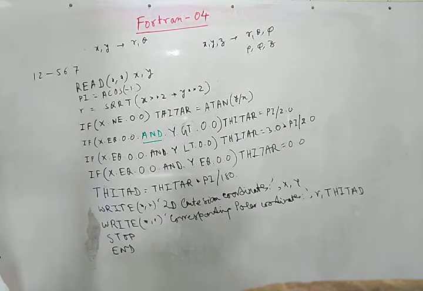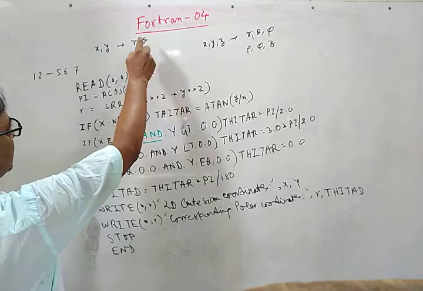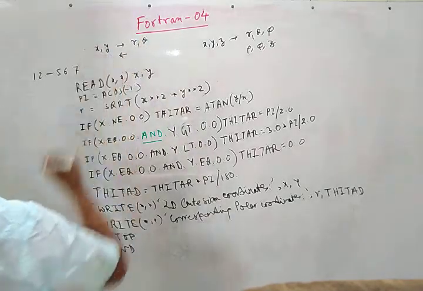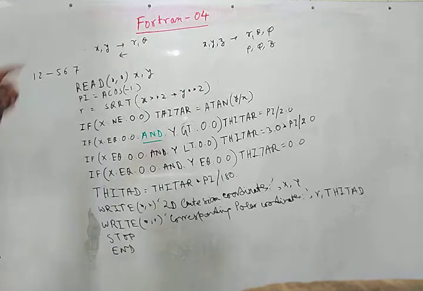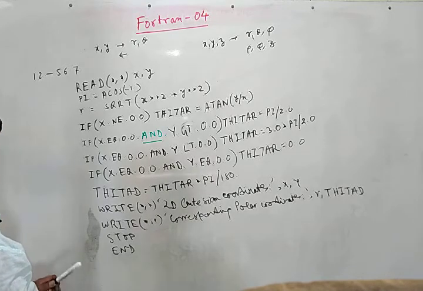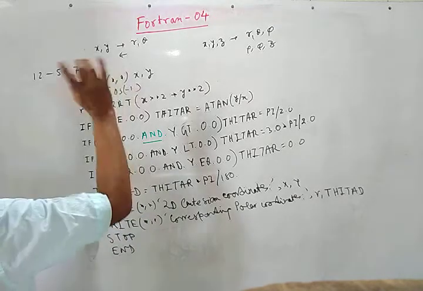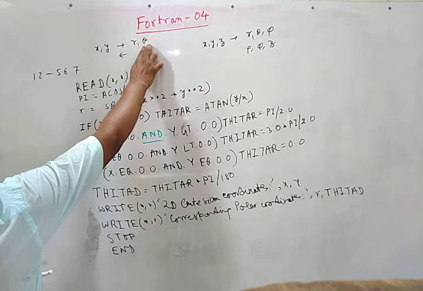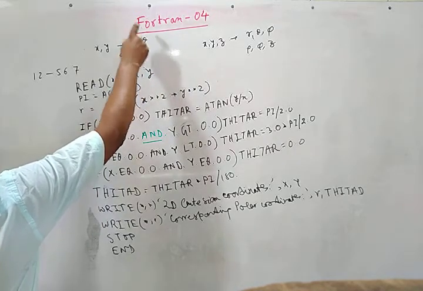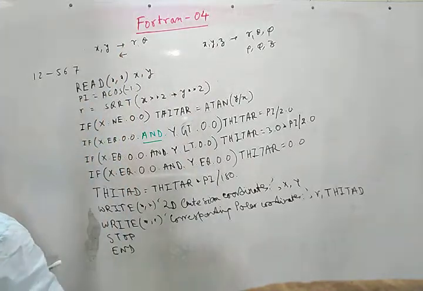The homework that is left is: you know r theta, how to get xy. It is a very simple problem, because x is equal to r cos theta and y is equal to r sin theta. Only thing, care has to be taken regarding the value of theta in radian or in degrees.